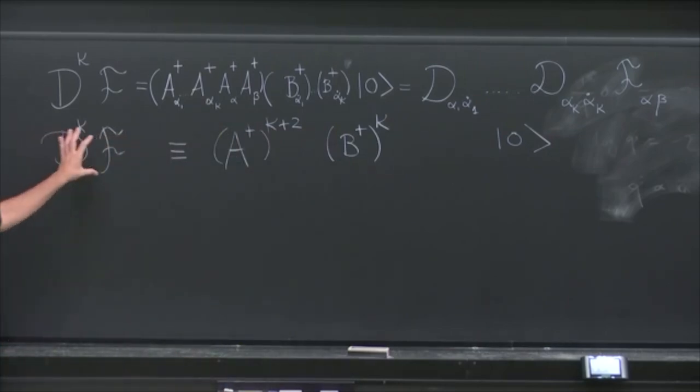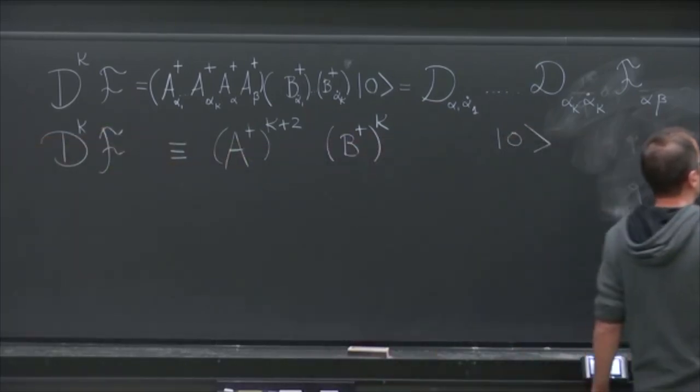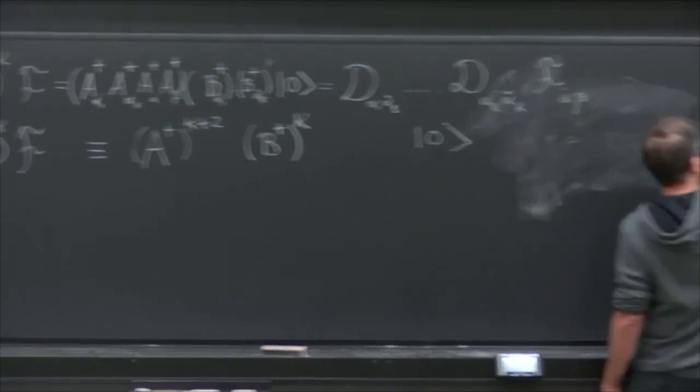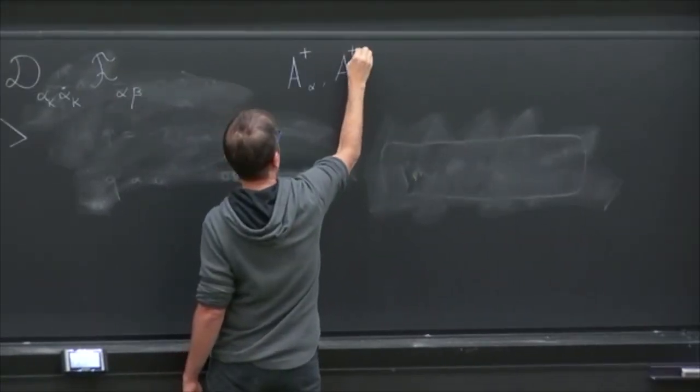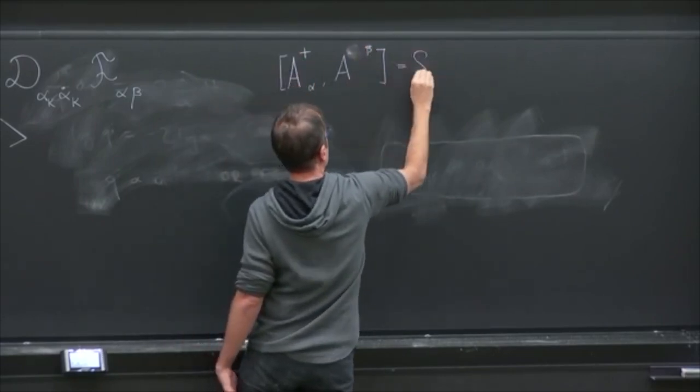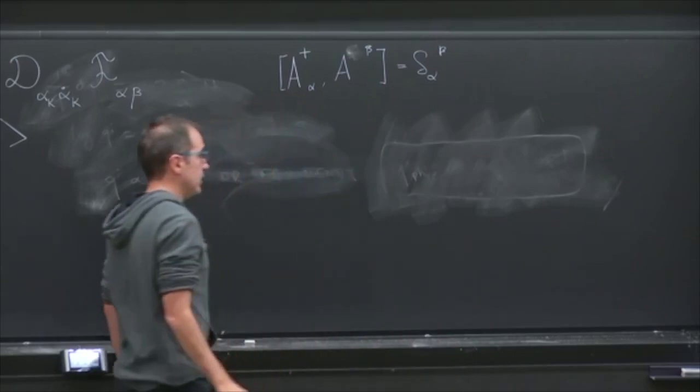So this is a compact notation to indicate the indices of this object. Where a dagger and b dagger are bosonic creation operators that obey an algebra, a dagger alpha, a beta equal to epsilon alpha, and similarly for b.